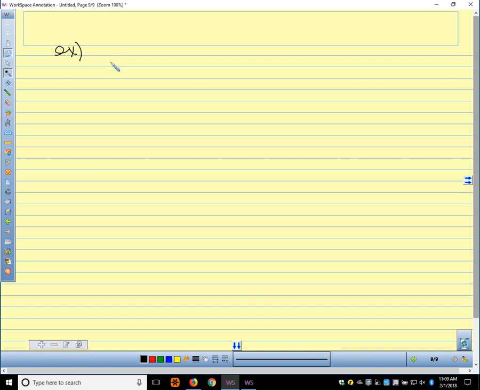So sometimes we want to decide if things are similar. Sometimes we use the fact that things are similar to solve a problem. So I'm going to say these two polygons are similar, and let me draw our picture.